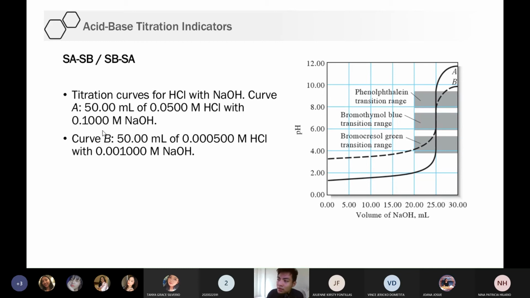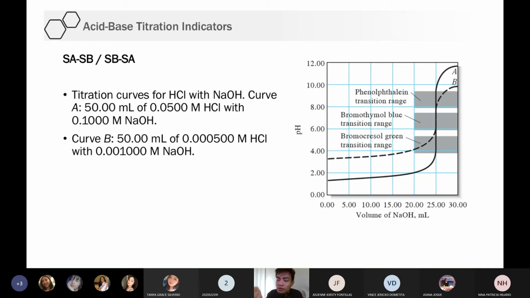Kasi, if the concentration of your acid is lower, for example, 0.0005, ano na nangyayari? Yung inflection point natin lumiliit. Okay? So, lumiliit na yung ating inflection point. Yun yung effect ng concentration sa inflection point. The greater the concentration, the longer the inflection point. However, the smaller the concentration, the shorter the inflection point. So what is the effect?